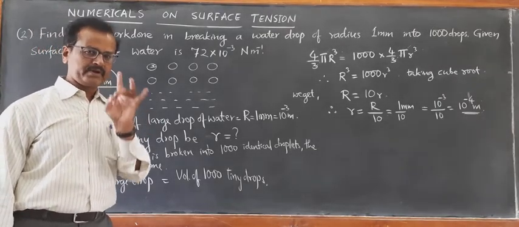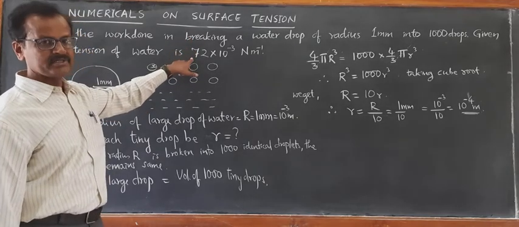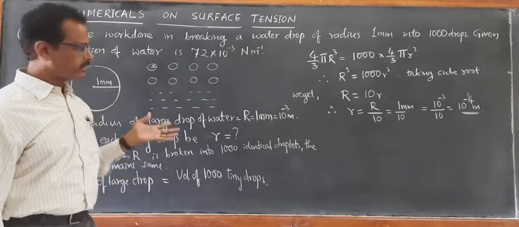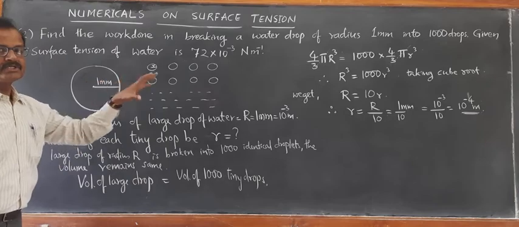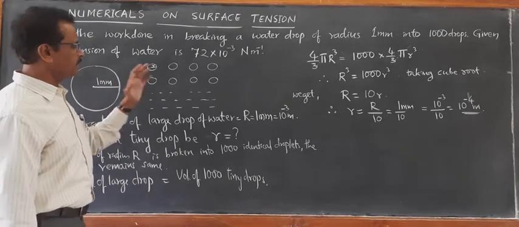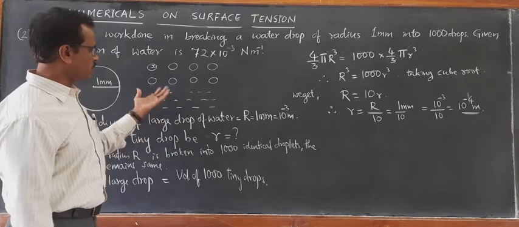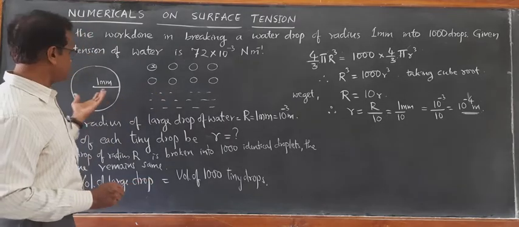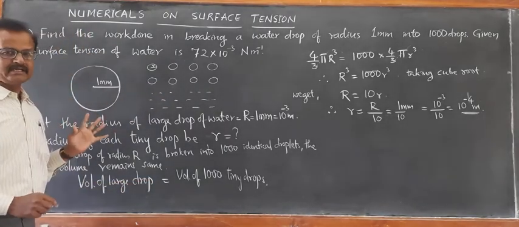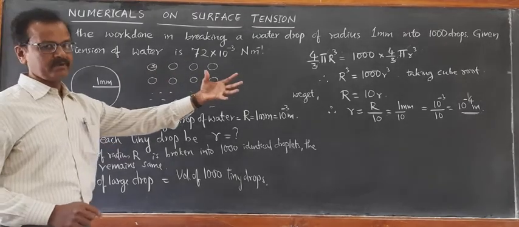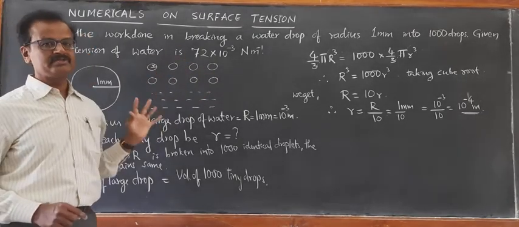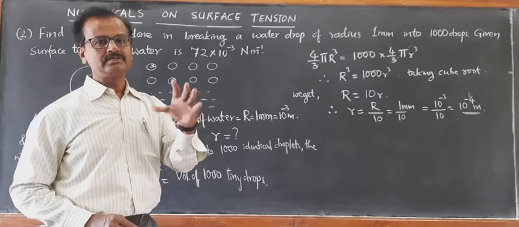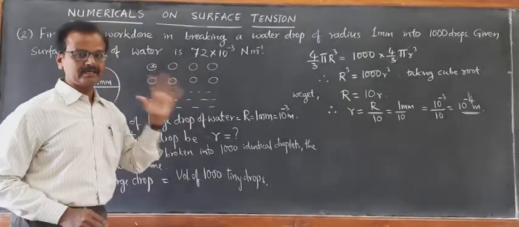The energy required per unit area, the surface tension, is 72 into 10 raised to minus 3 Newton per meter. Therefore, consider the energy required for this change in area. When it is divided into 1000 tiny drops, obviously the area of 1000 tiny drops will be larger than the area of one large drop, definitely. So how much work is required to bring about this change in area? That can be calculated as the work done per unit area into the increase in area. That gives us the result.